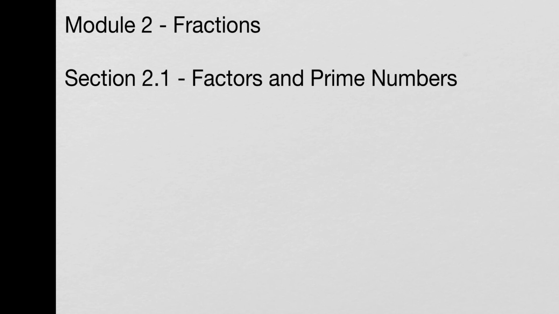So looking at factors, if I have some multiplication problem, say like, 2 times 4 is equal to 8. In this case, the 2 and the 4 are called factors of 8.